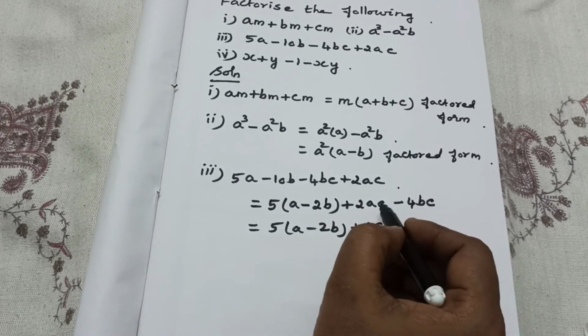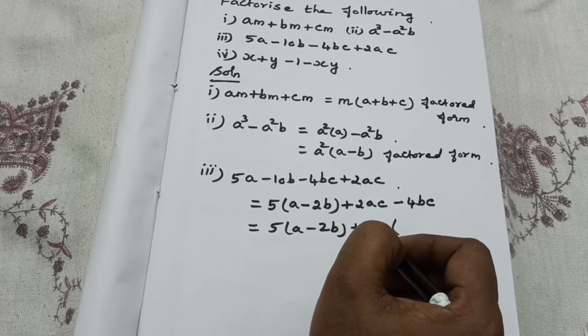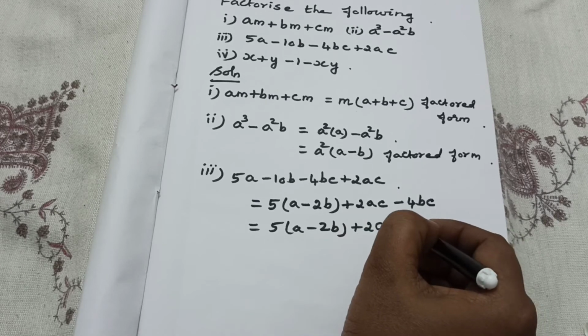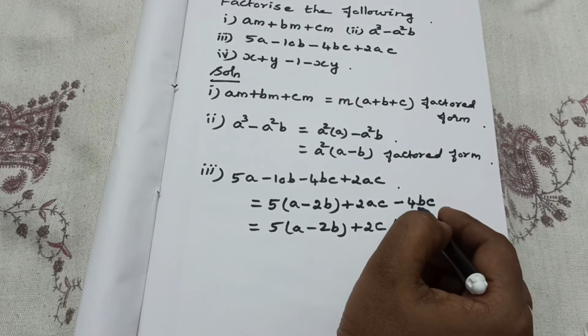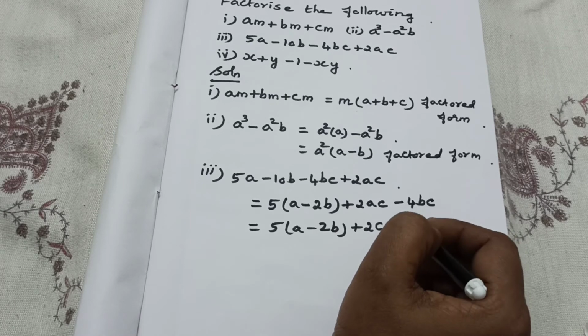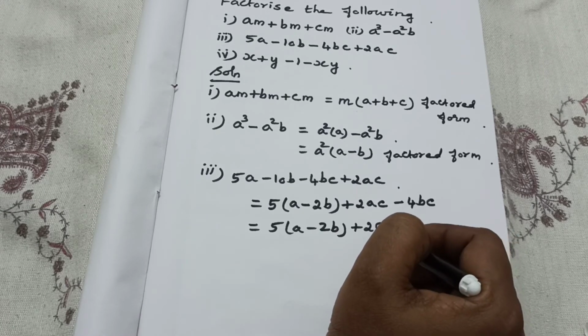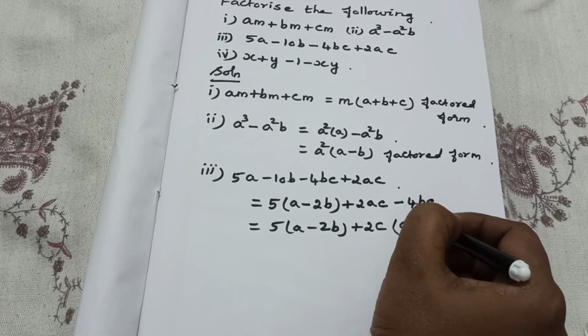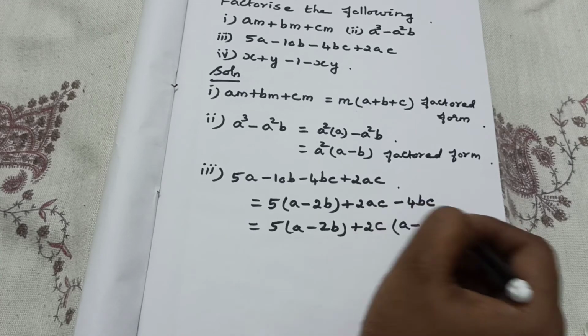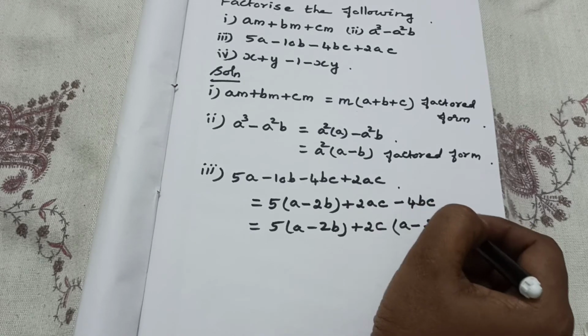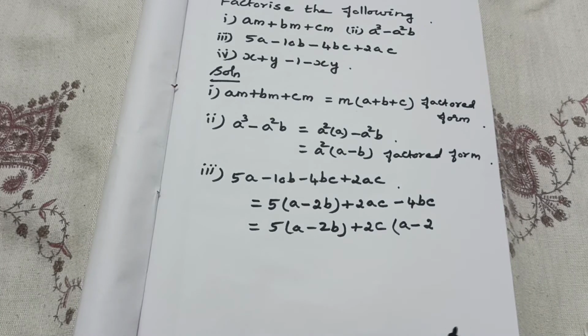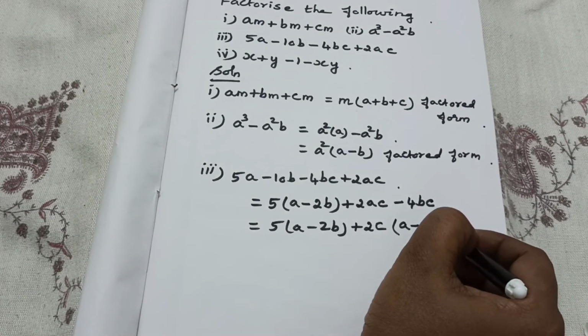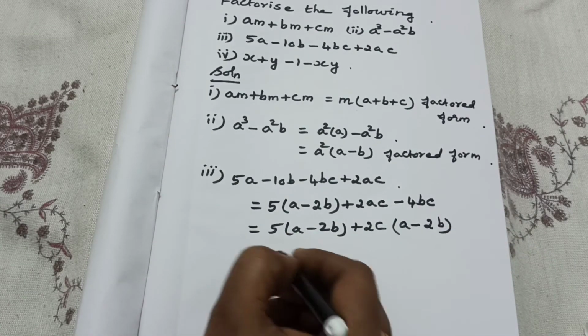Remaining 2c we took outside, remaining a is there. That a write it. From here 2 2s are 4, isn't it? Then this minus we have to write. Now 1 2 we took outside, 2 and c also we took outside, then remaining b is there.